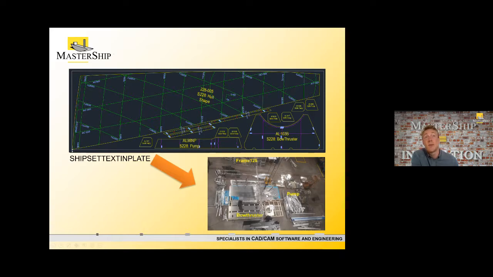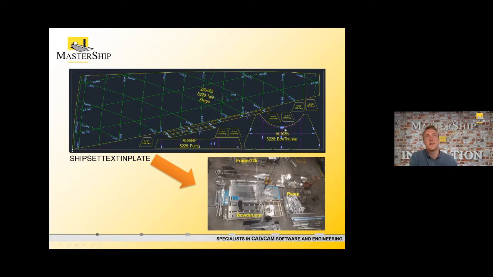But then there's one problem left, because, for example, if you look here at this section in the workshop, you see that the parts are divided by section or by subsection or by frame, I don't know, but the plates are stacked on top of each other.